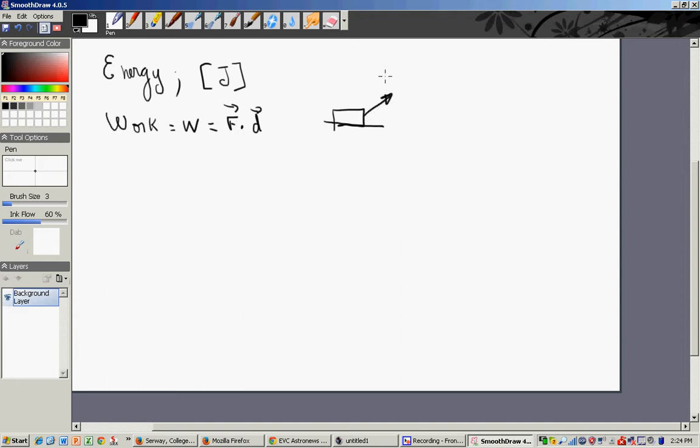So if you have a block that is being acted upon by a force F this way, that makes an angle, let's say 20 degrees with the horizontal, and the block moves to the right, X direction, then there is a work done on the block, which is F times whatever X that block moves times cosine of 20.